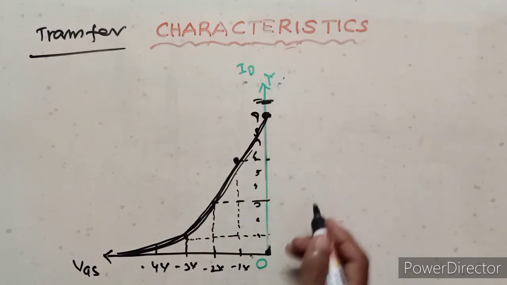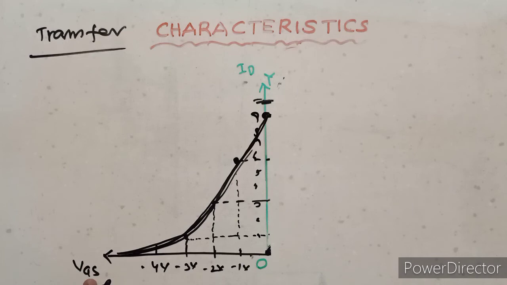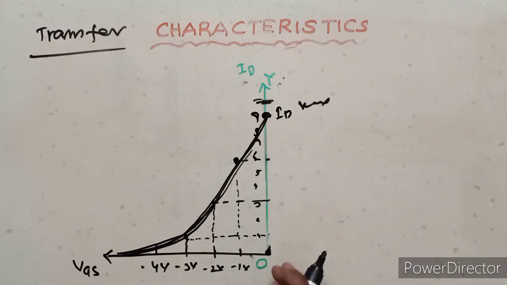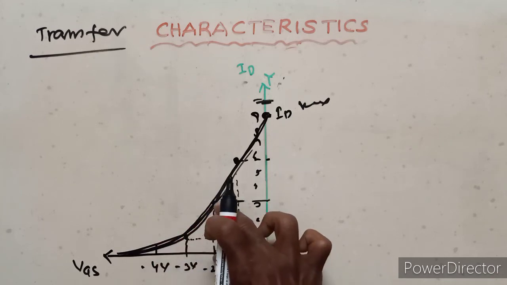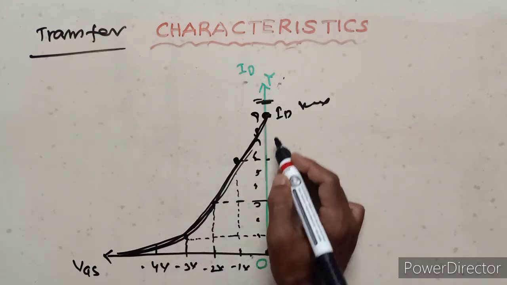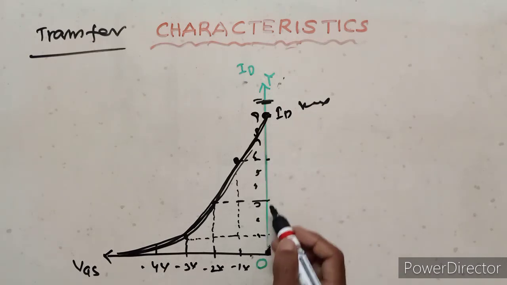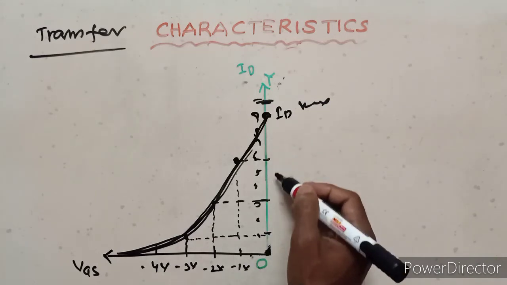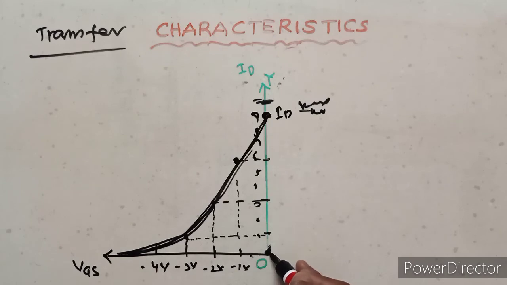ID is taken along the y-axis, VGS along the x-axis. When VGS is 0, ID is maximum. Then as VGS is increased in the negative direction, the width of the depletion region increases and the drain current decreases. The drain current is maximum here and minimum there.